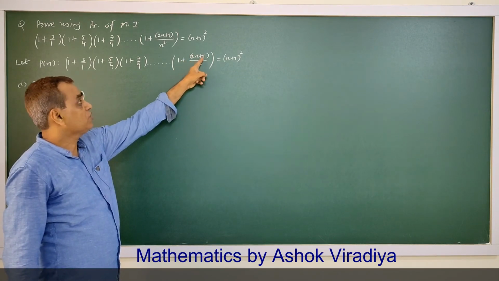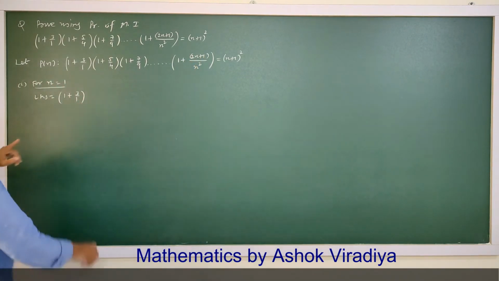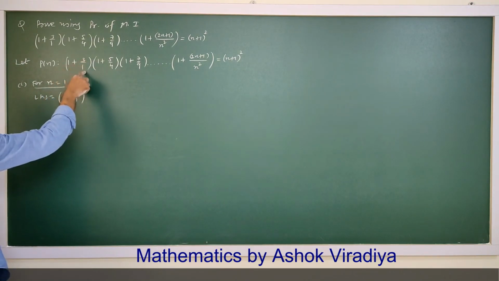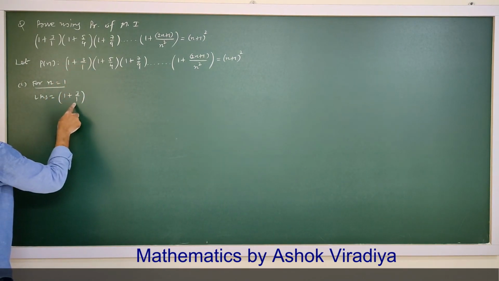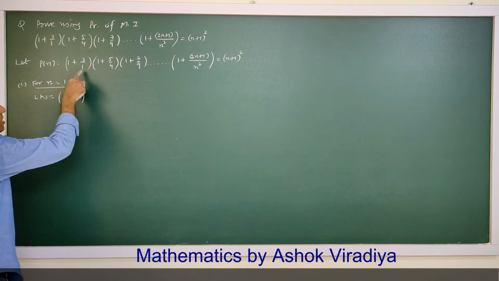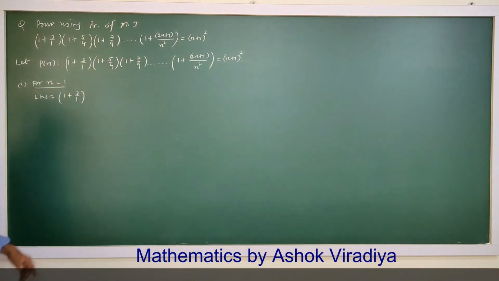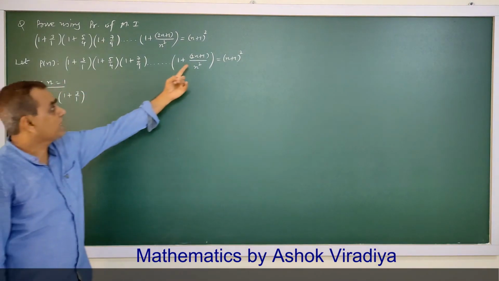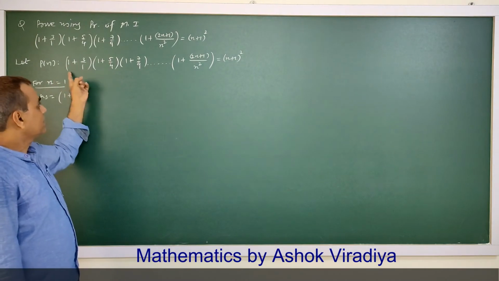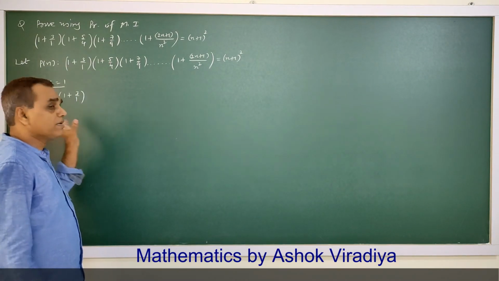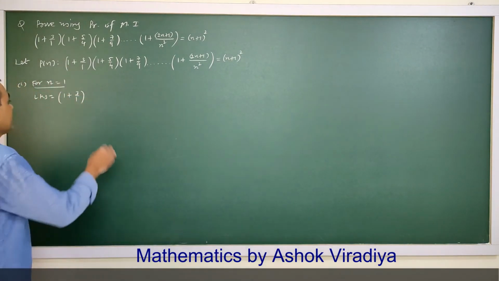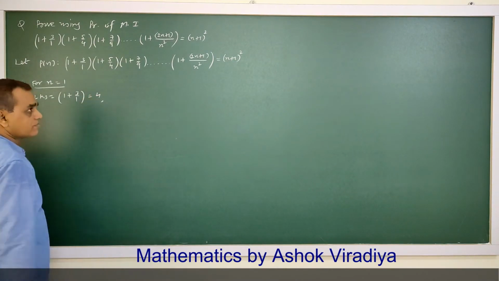It is first term. First term is itself last term. So beginning is itself ending. Putting n equal to 1, we are getting this number. So it is equal to 4.